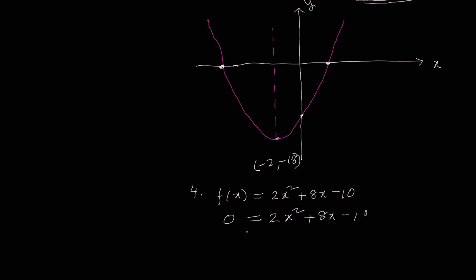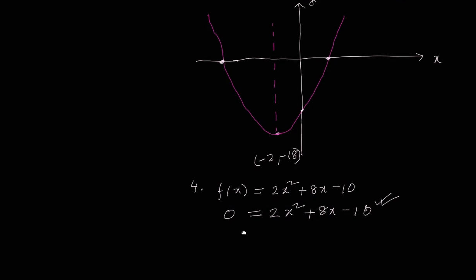Now as you can see, this is a quadratic function. Now how to solve a quadratic equation? We can solve it by the quadratic formula, we can solve it by factoring, we can use the completing the square method, any method you like. What I am going to do is use the quadratic formula.